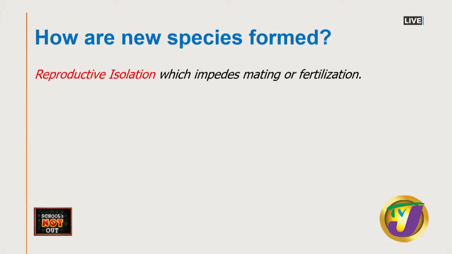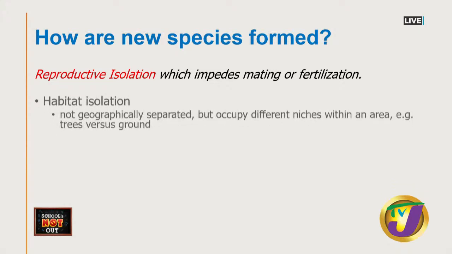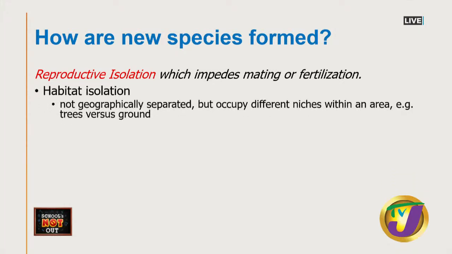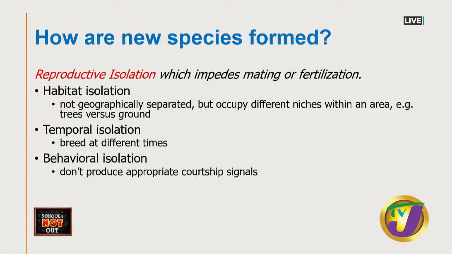Another way of forming species could be reproductive isolation, and these are factors that impede mating and fertilization. So quickly, we'll see habitat isolation, where they don't live in the same space. We have temporal isolation, where they breed at different times of the year. Behavioral isolation, where there are barriers to courtship. So the male is sending out the signals, but the female is not receptive.